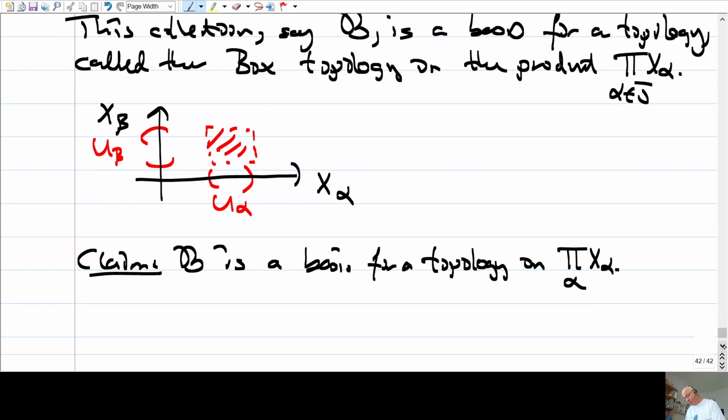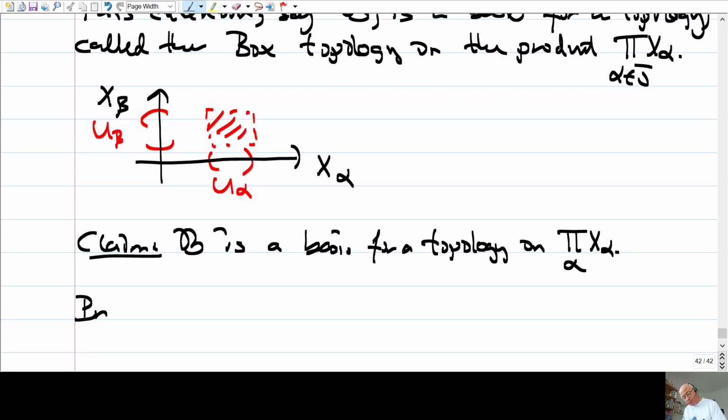Okay, we have to check several things. Well, actually, not several. First, we have to check that every point belongs to one of them. Well, of course it does.